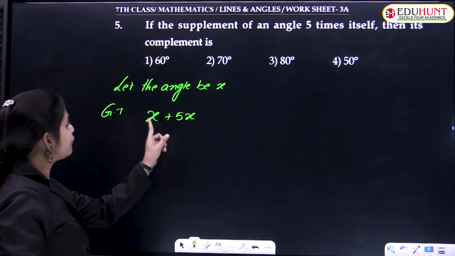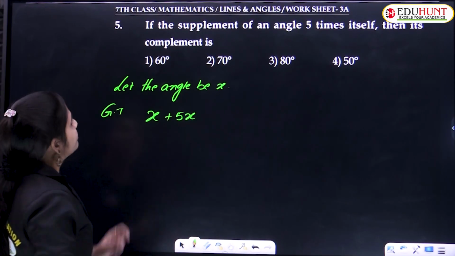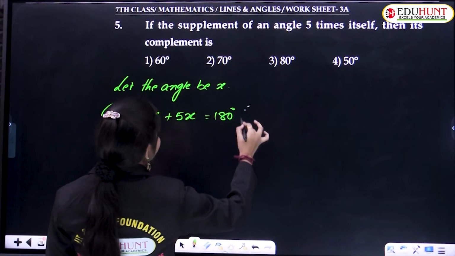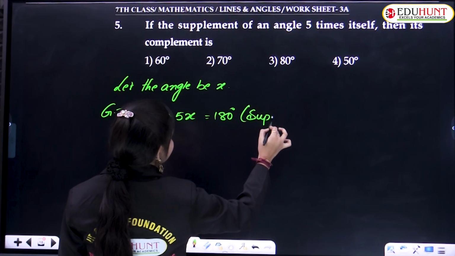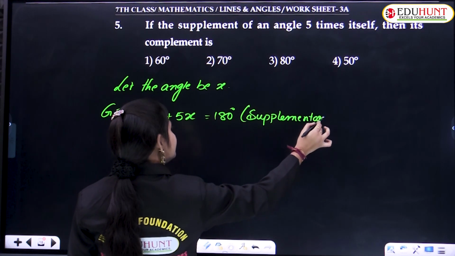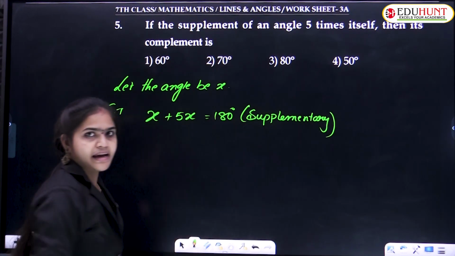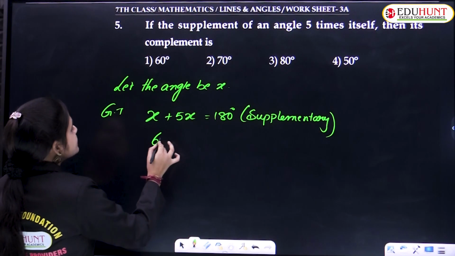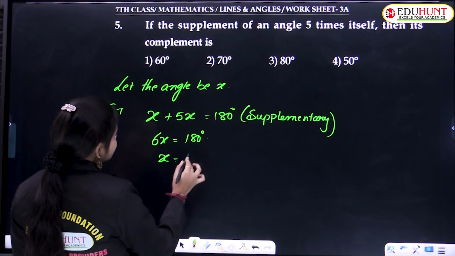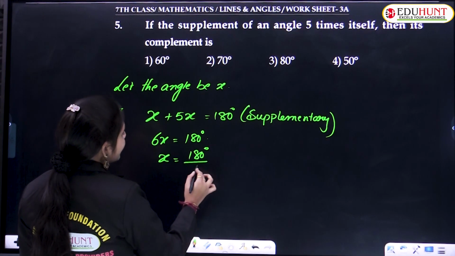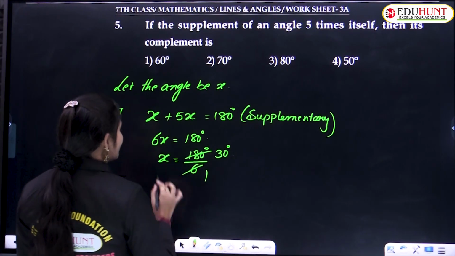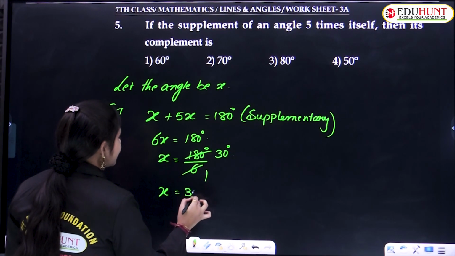The supplement of an angle is 5 times that same number, which is equal to 180 degrees. Supplementary angles. So here 6x is equal to 180 degrees. Now here x is equal to 180 degrees by 6. 6 ones are 6, 6 threes are 18, 6 zeros. Okay, ma? Then here x is equal to 30 degrees.